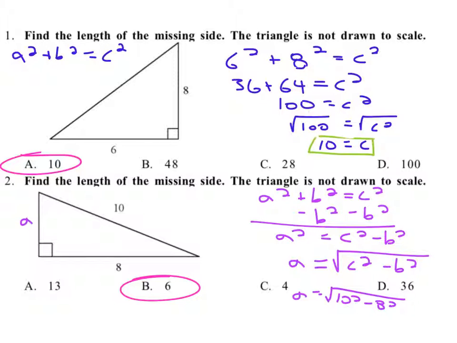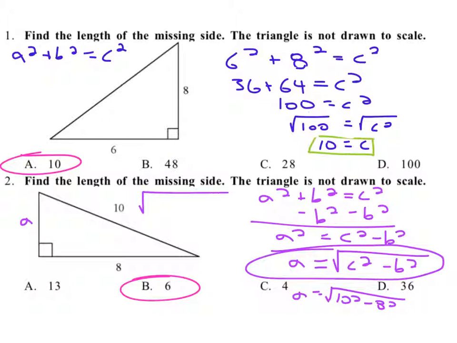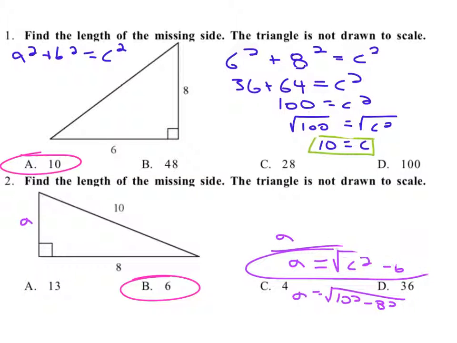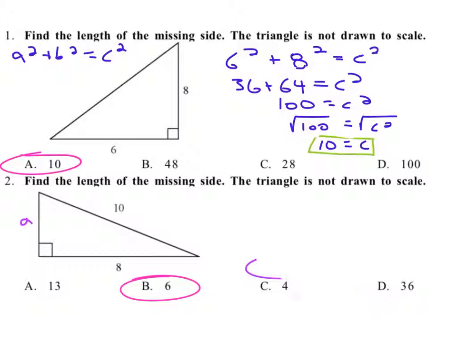You could do this first, just saying that will find me the leg, and then you can type into your calculator root of 10 squared minus 8 squared and just hit equals. Okay, so you can do that. There are often lots of ways you can do a problem if you deeply understand the problem to the point where what you're doing isn't going to accidentally result in an error. So anyway, there you go. Sorry, I don't have room to work for that at the very end, but that's fine.